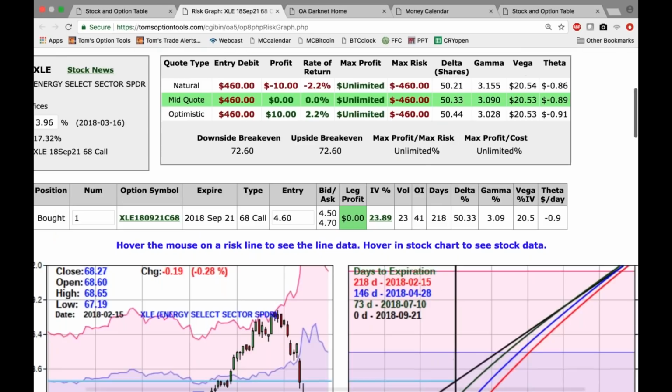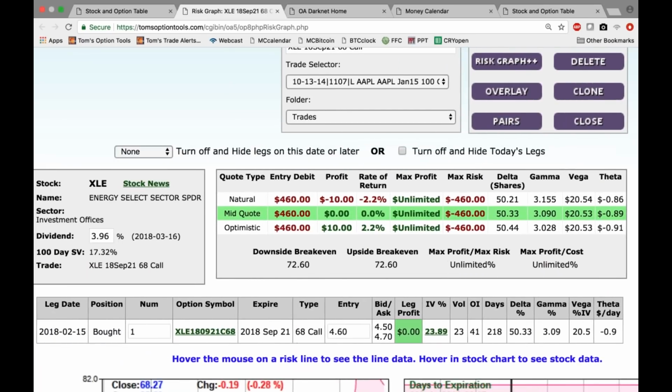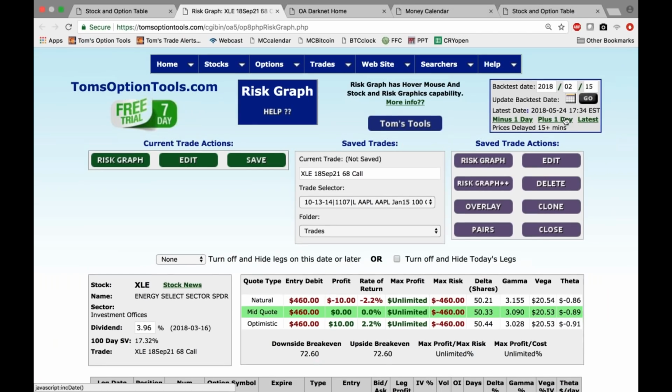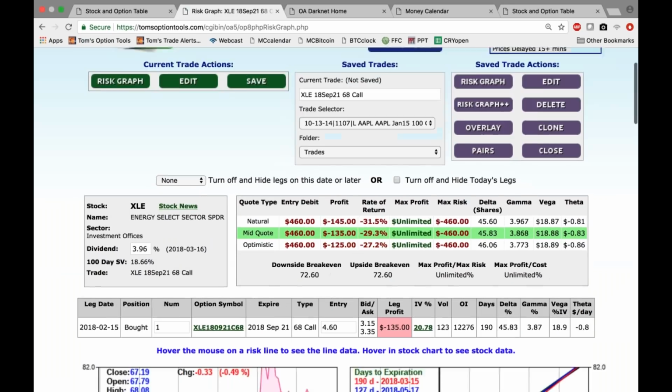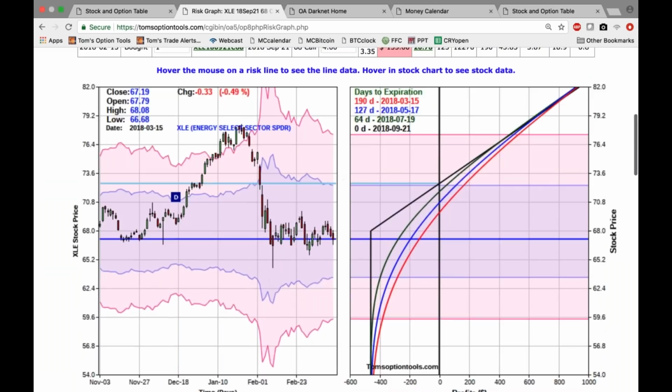At this point, let's take a look and see what this has done since then. So this is the area where I go in and I start to look and see the what if. Now I can go plus a day, plus a day, plus a day, but that's going to take a while. Let's go plus a month. Let's go look and see what happened by March 15th. Look at this. We're down $135 on the position because, and I told you this, XLE didn't come out of the gate.